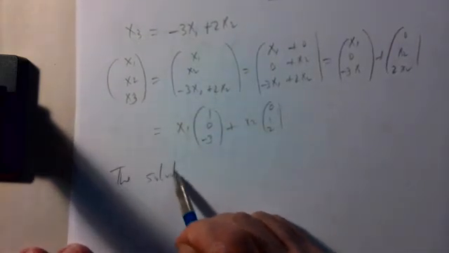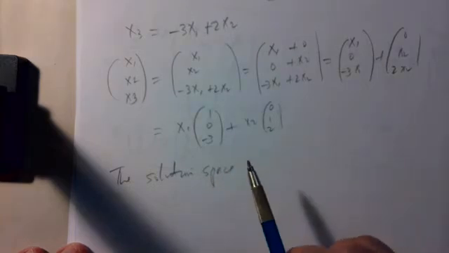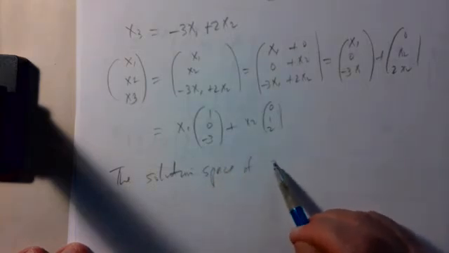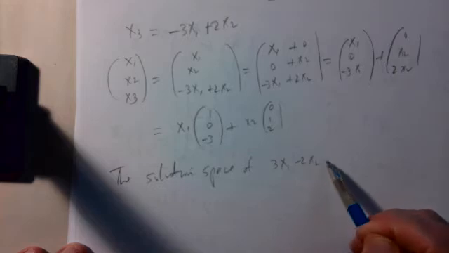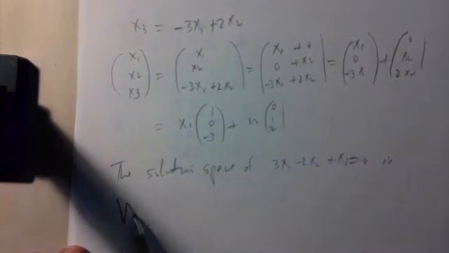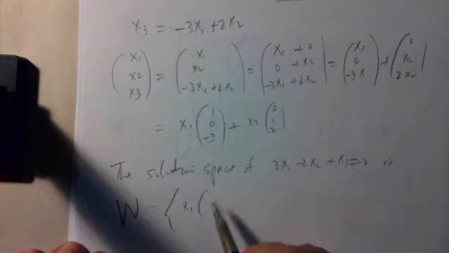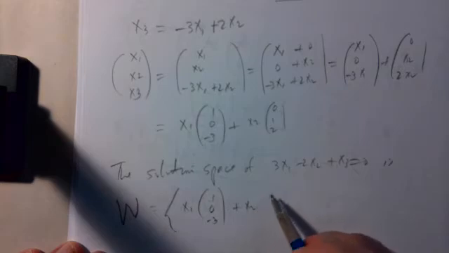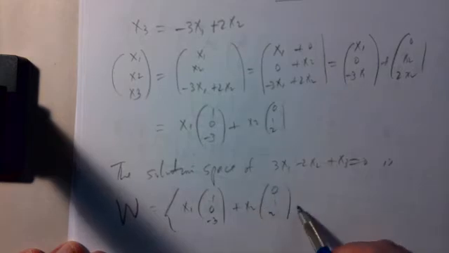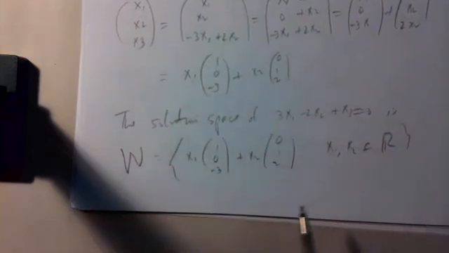So the solution space means the set of all vectors which solve the equation 3x1 minus 2x2 plus x3 equals 0. I'll call it W, it's the set of all vectors of the form x1 times 1, 0, minus 3 plus x2 times 0, 1, 2, where x1 and x2 can be any scalars whatsoever.